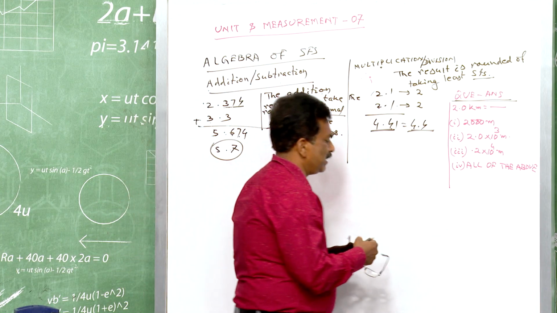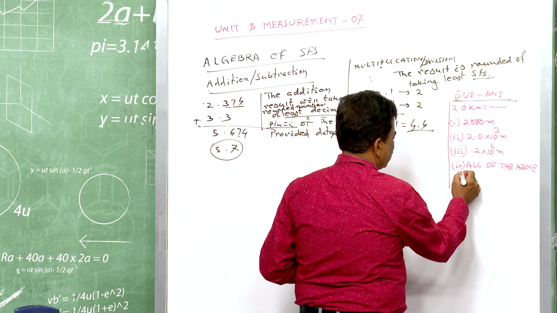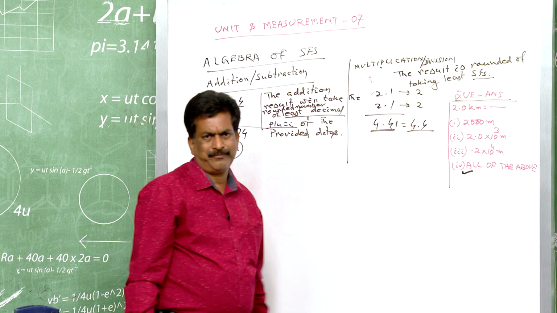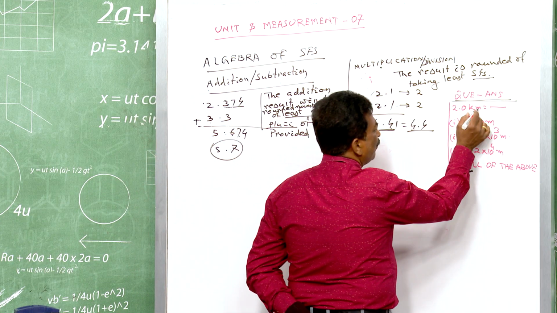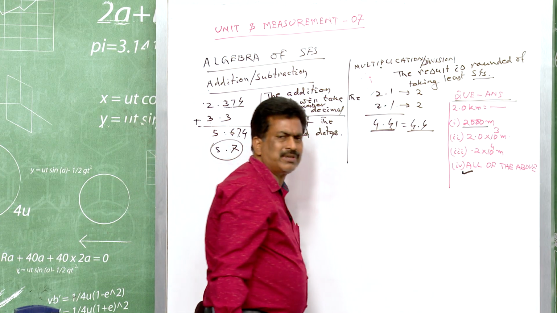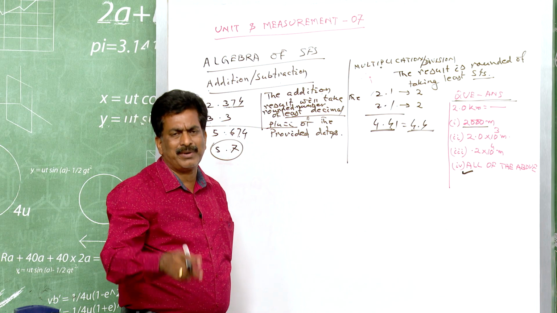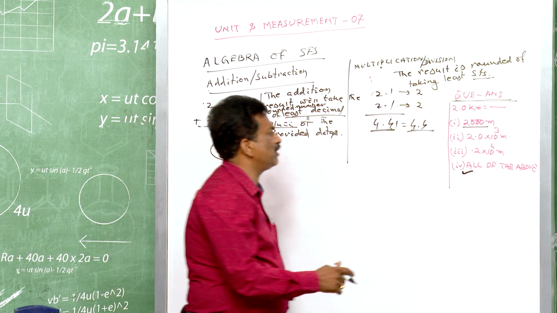Most of the students have answered the fourth one. Let us now go one by one. 2 kilometer is not 2000 meter, because 1 kilometer is 1000 meter, so 2 kilometer is 2000 meter.